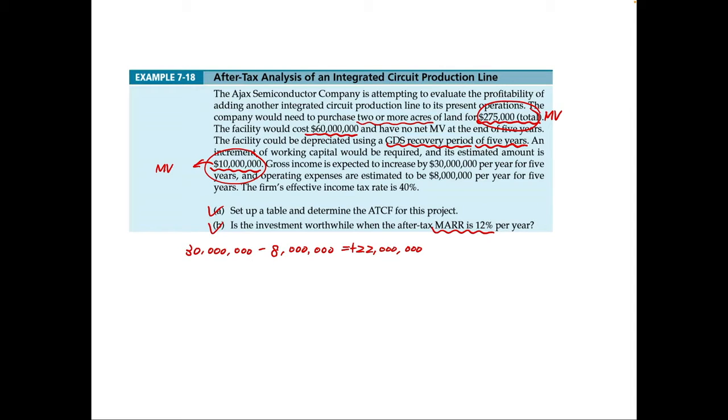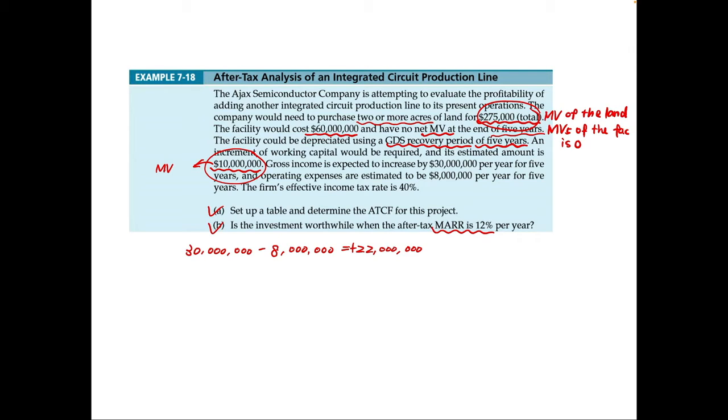And the net market value of that facility at the end of the 5 years is 0. So MV5 of the facility is 0. And this first MV is the MV of the land.